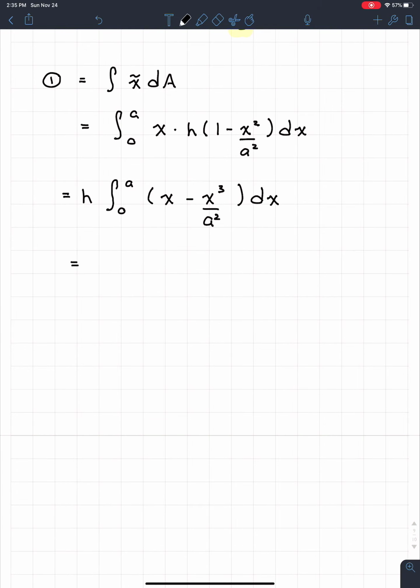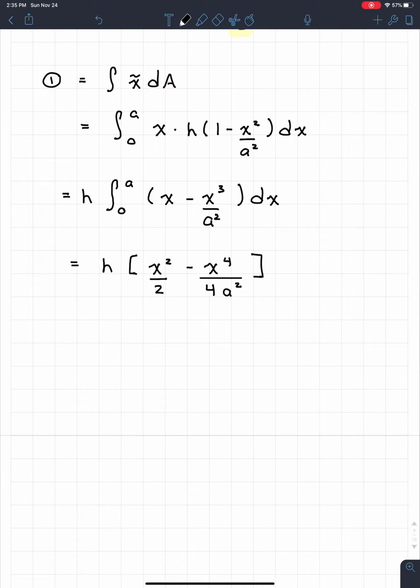Come down here. We can integrate it, so the h is going to stay out. So x to the 1, we're going to bump up the power and divide it by the new power. So this is going to go to x squared divided by 2. Same thing for this one. We're at x cubed, so this is going to change to x to the 4. We're going to have to divide by that new power. So we're going to have divided by 4, but then we also have an a squared.